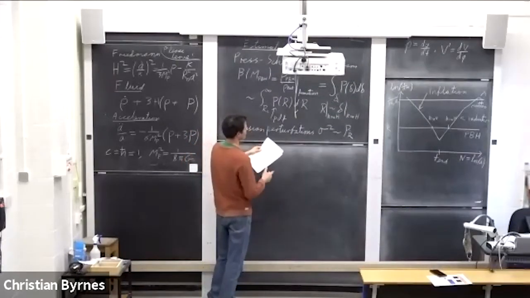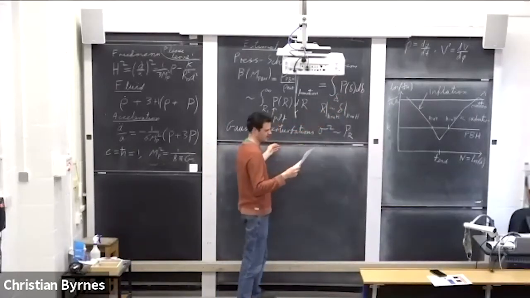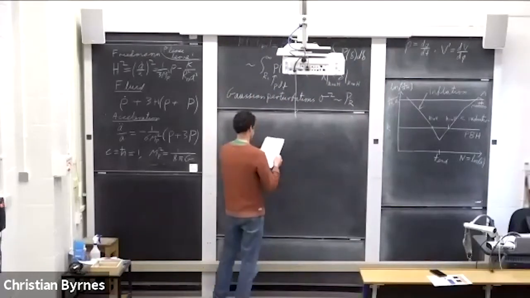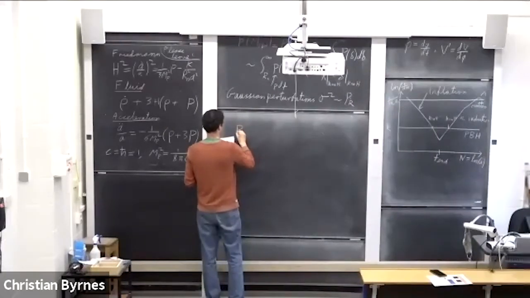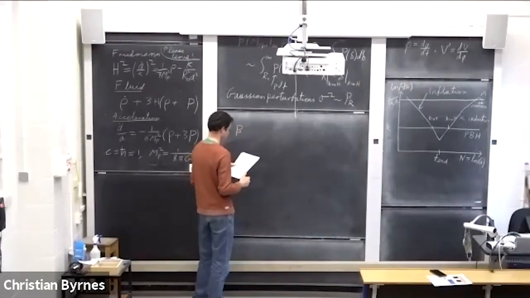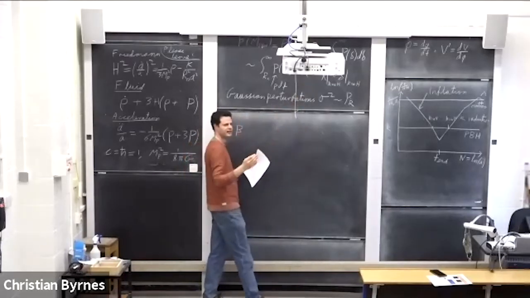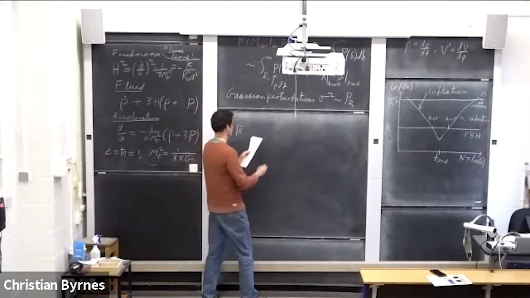I'm going to use a Gaussian probability distribution function. And so what we can do is use the asymptotic expansion. Because we're interested in beta being much less than 1, you're integrating very deep into the tail, where you've got this exponential sensitivity.